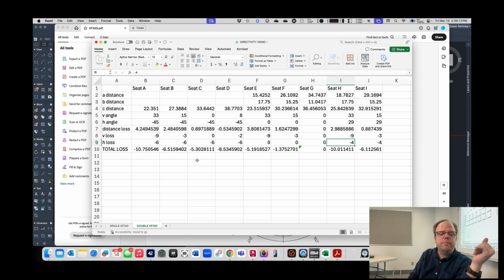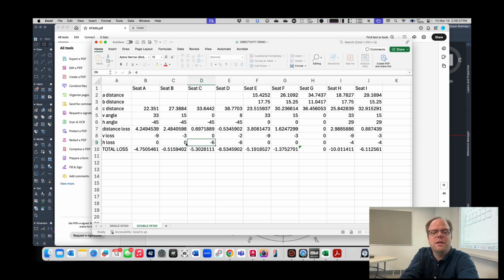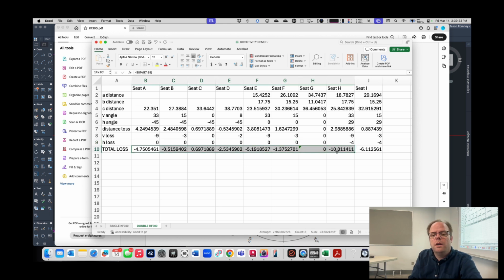Now, assuming I'm going to do 2 of these, and I'm going to line them up perfectly on that 6 dB down point, that means these -6s will actually become 0s, right? Yeah. So I'm going to make them 0s, which means here's my new result, which is significantly better.